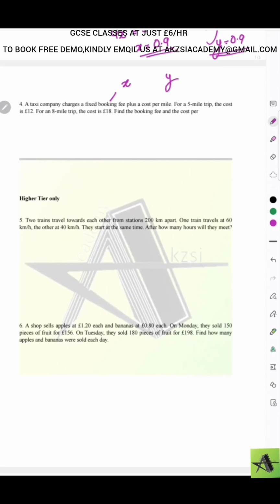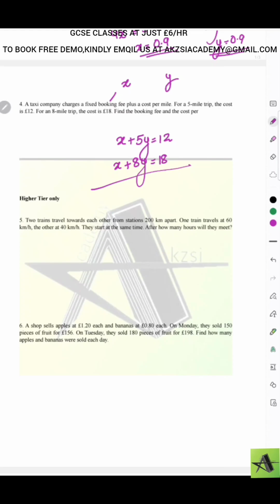For a 5-mile trip, the cost is £12. So that means x, the fixed one, plus the cost per mile, because it was 5 in the first case, so 5y, and the total cost was 12. In the second case, still x is the fixed one, and here it's mentioned 8 miles, so 8y, and the total was £18.